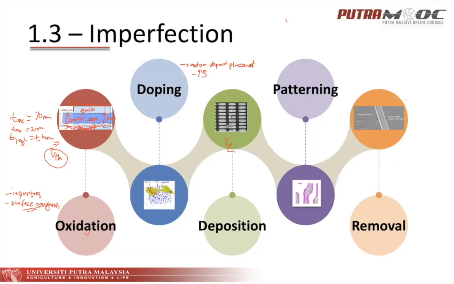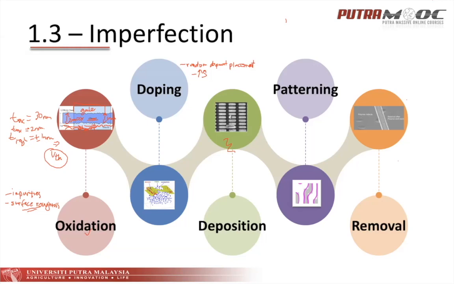So what will happen is that the placement of the dopant can affect the flow of the electron in the active channel. So it is very important in small scale devices that we control the position of the dopant such that it should not introduce a lot of variation to the threshold voltage.